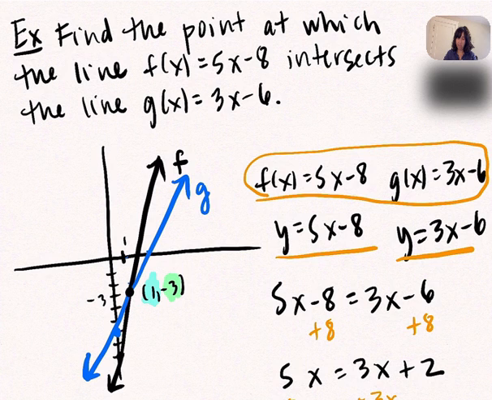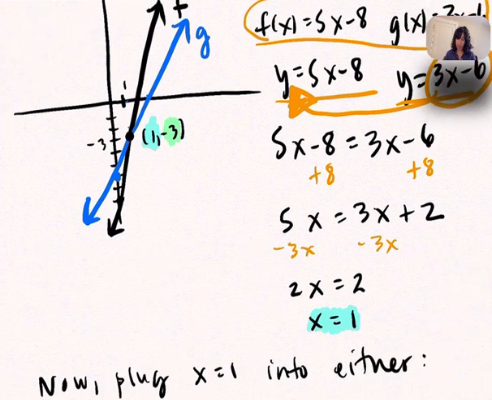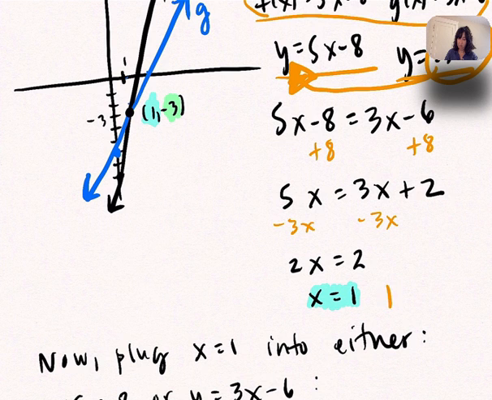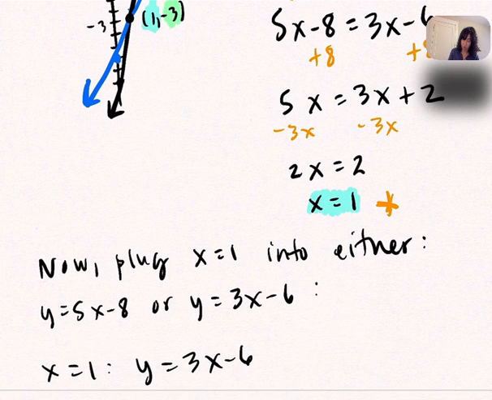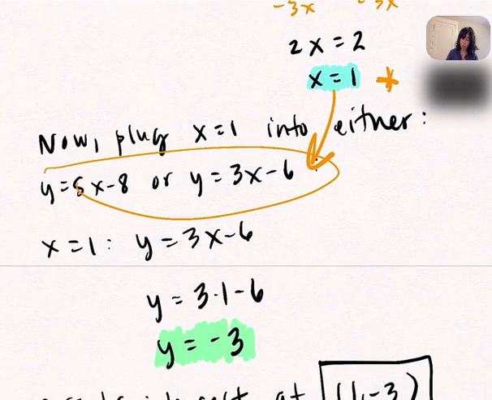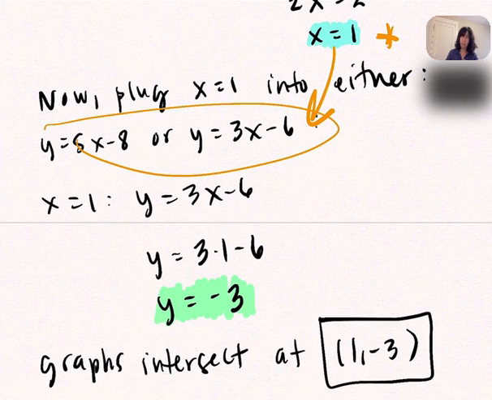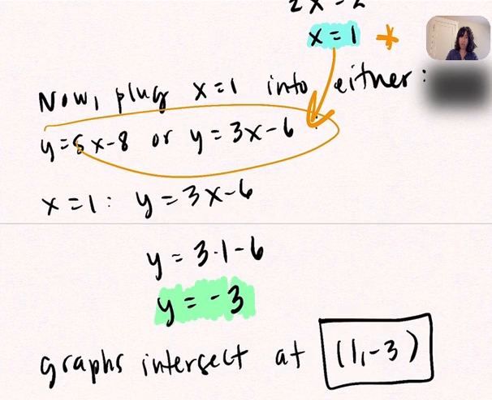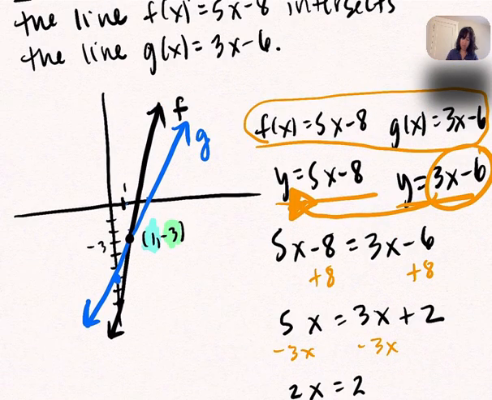Another way of thinking about that is we're plugging this 3x minus 6 into the y spot here. Then you solve for x, and then you plug this x value back into one of the original equations. Then you'll have both the x and the y where these two graphs intersect each other. So notice at 1 comma negative 3 up here in the picture, this is exactly where the graphs touch.